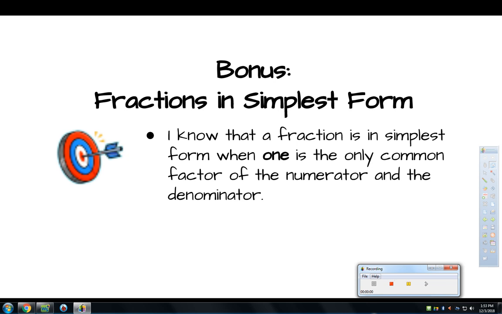I like to use an example of going to the grocery or the butcher, and you walk up to the counter and you're going to order some ground beef for dinner. You're going to make hamburgers. You walk up and say, let me have 3/6 of a pound of ground beef.